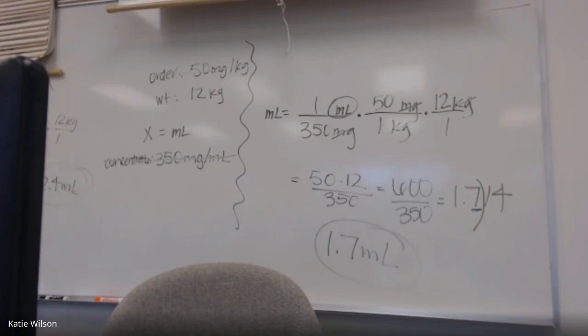I know this is going to be very confusing to you, but in the real world, you would have killed the patient. If you had gotten the right answer, you would have killed the patient, because you're giving them the same amount of medicine, it's just stronger.